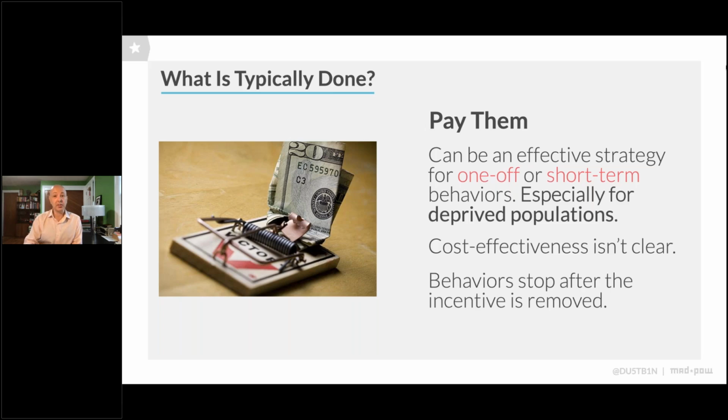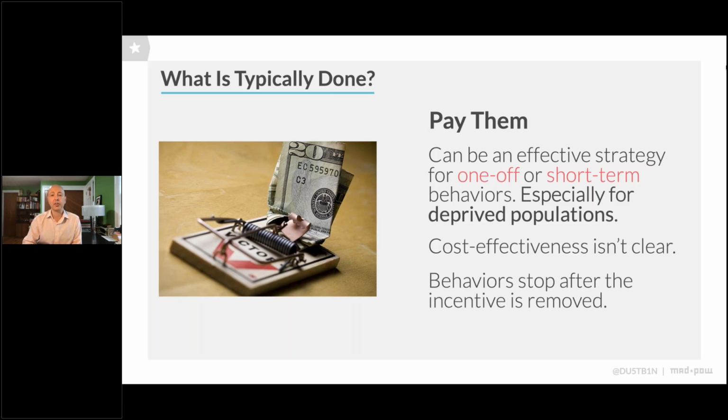There is some evidence that paying people, or incentives and rewards, can be effective for short-term or one-off behaviors, particularly in deprived populations, folks of lower socioeconomic status. It's worked well in some addiction programs, where trading in needles or adhering to treatment in exchange for cash has been pretty successful.